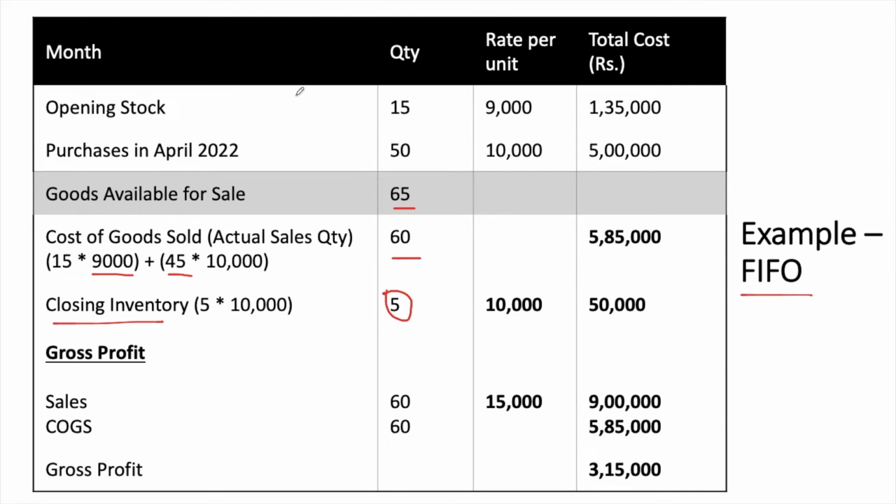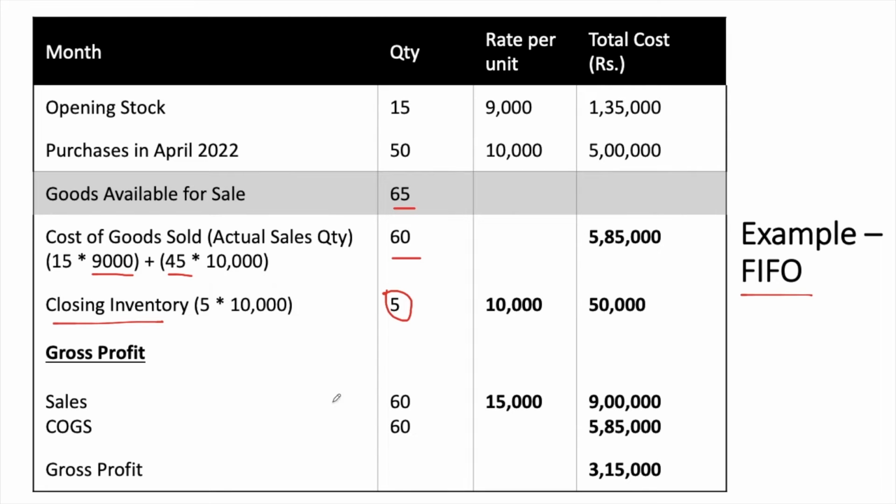Of course, if I've used the 15 out of the opening and the 45 out of the purchases, the remaining 5 of the purchases are still lying in my stock. This is the assumption that FIFO makes. First in, first out. So whatever remains will always be valued at the most recent purchase price. In this case, 10,000 rupees.